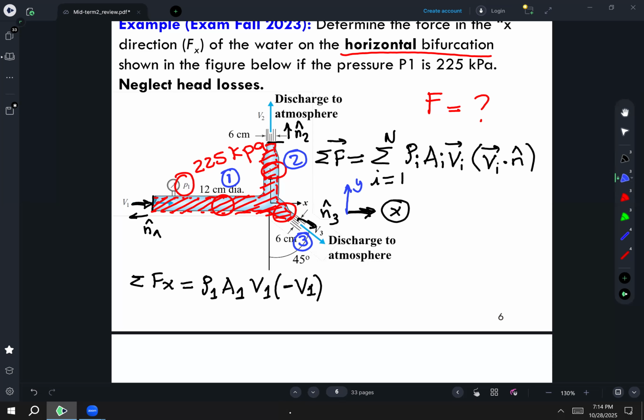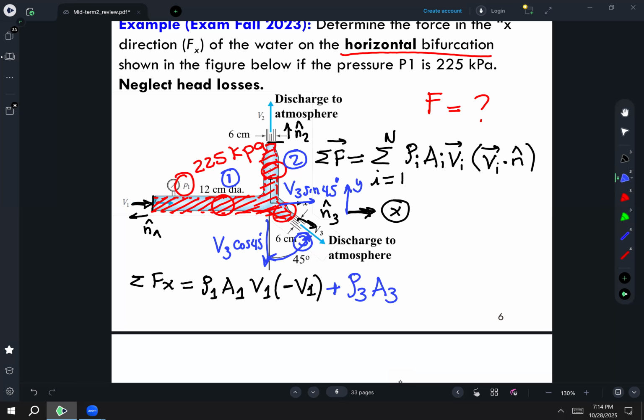So if this angle is 45 degrees, this is the velocity 3, so this is going to be velocity 3 cosine of 45 degrees, and this will be velocity 3 sine of 45 degrees. Okay, so it's going to be plus density 3, area 3.